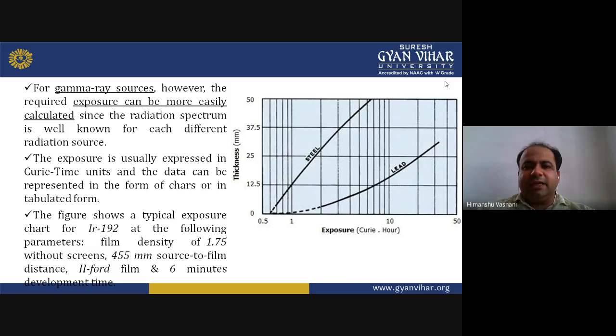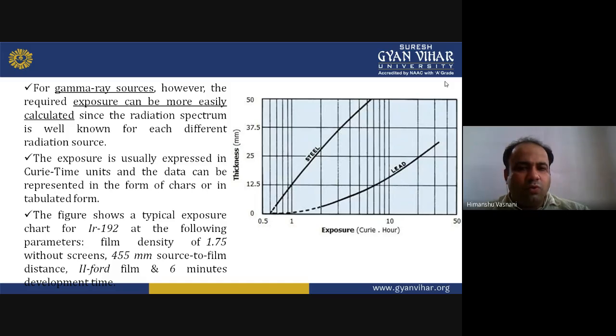You can see there is a diagram shown on the right hand side. The figure shows a typical exposure chart for Ir-192 at the following parameters: film density 1.75 without screen, 455 source to film distance, second fold film, and 6 minutes development time.